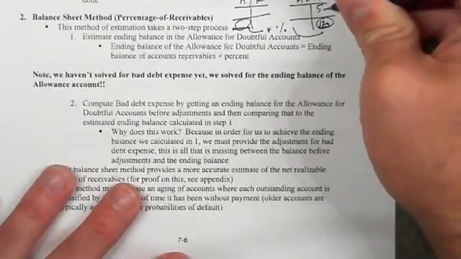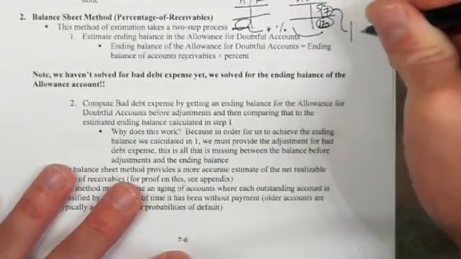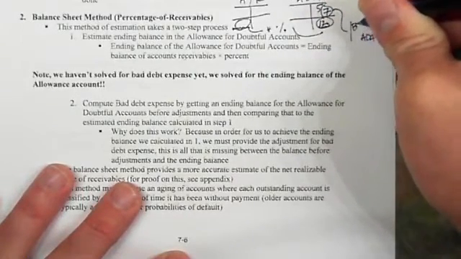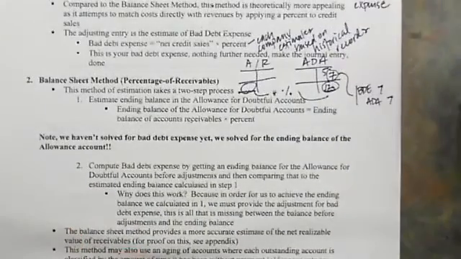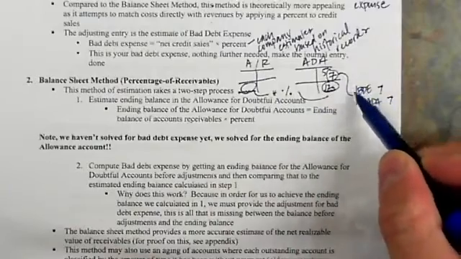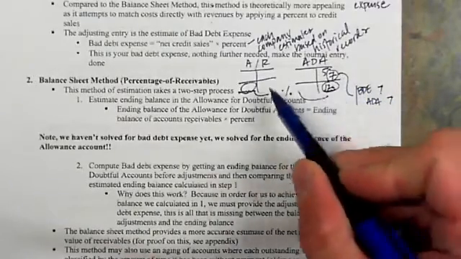That adjustment would be a $7 credit, which means I would credit ADA by $7 and debit my bad debt expense by $7. So we figure out the balance, and then we determine what entry we have to make in order to achieve that balance. This is a balance sheet method.